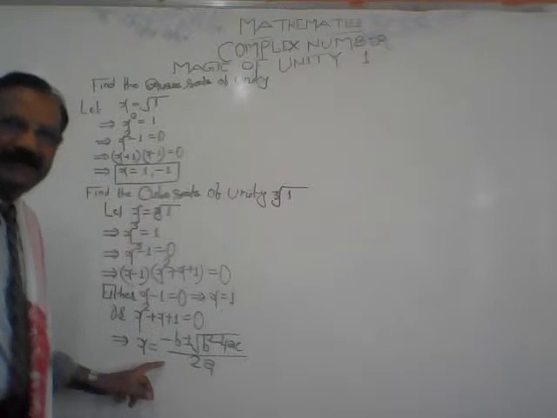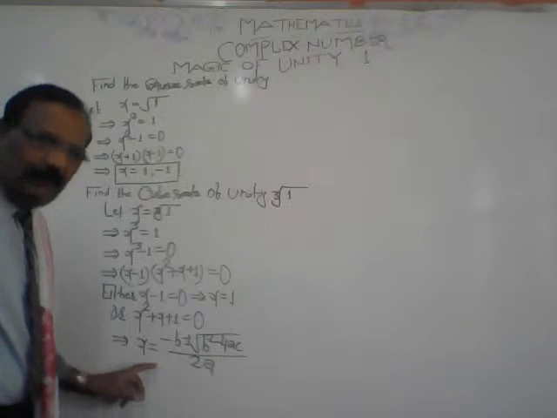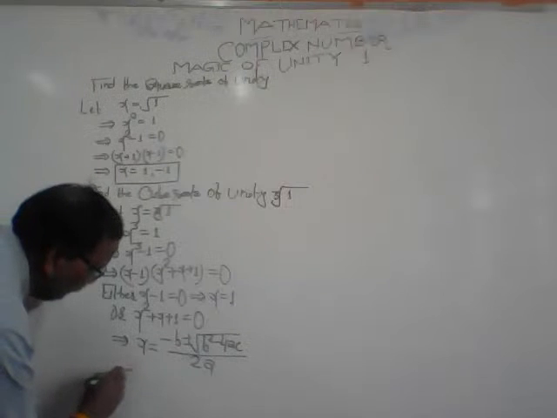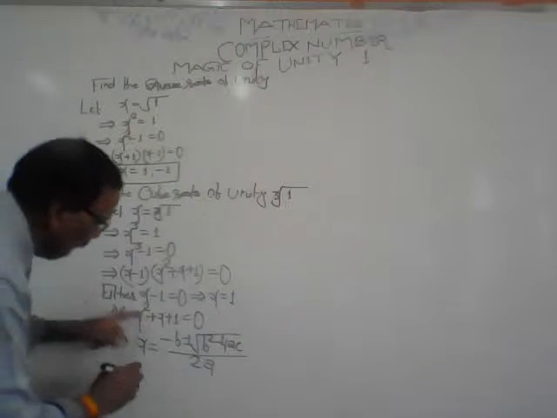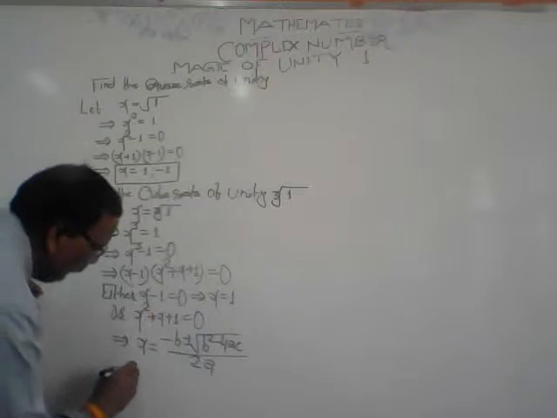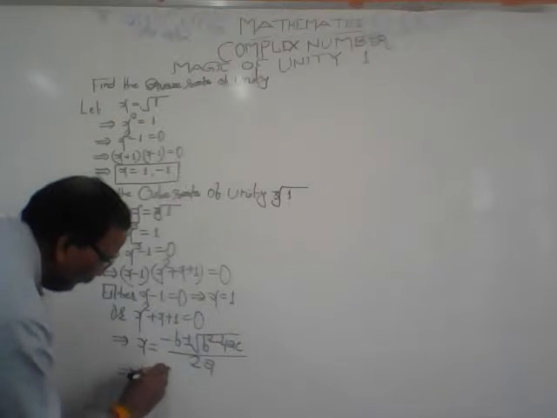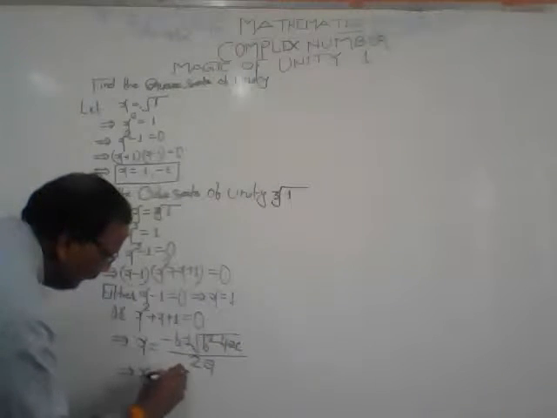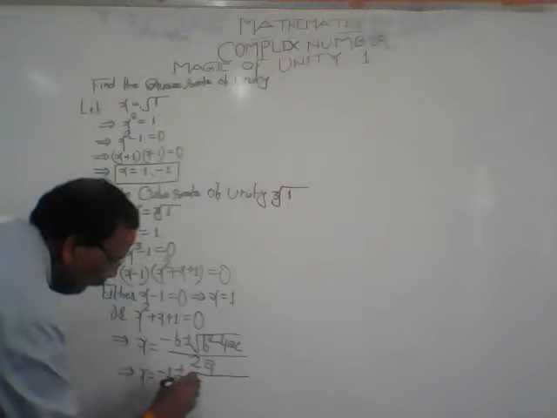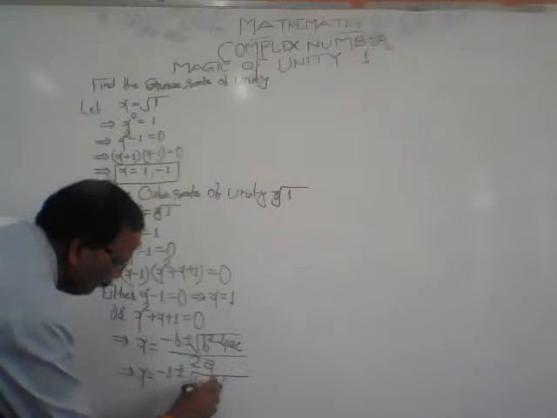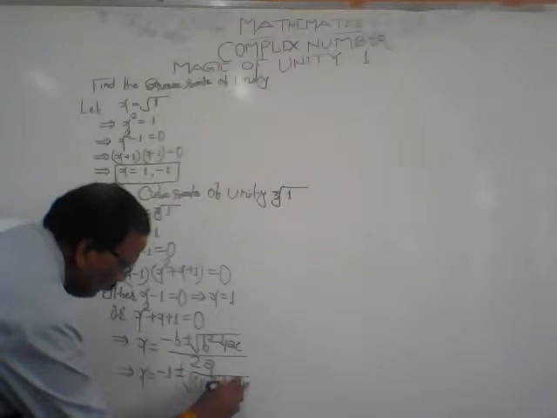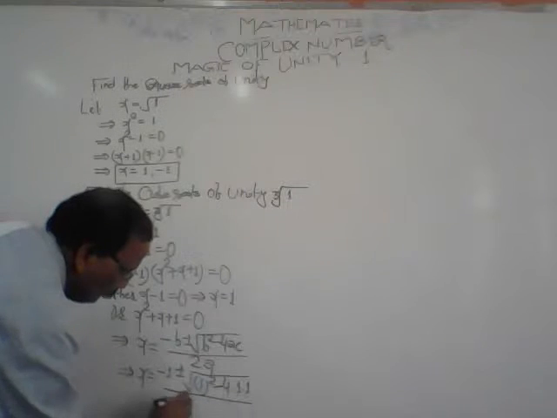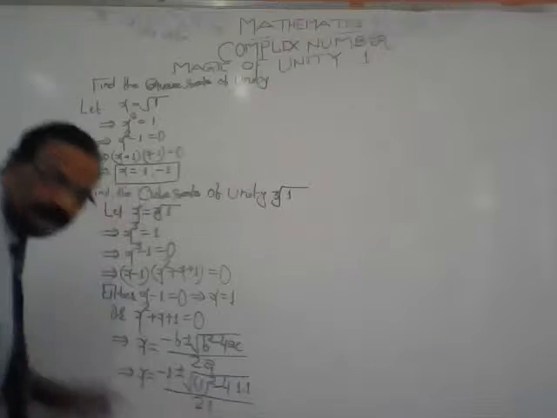Quadratic formula for finding out the x. This implies x is equal to minus 1 plus minus under root 1 squared minus 4 into 1 into 1 upon 2 into 1.